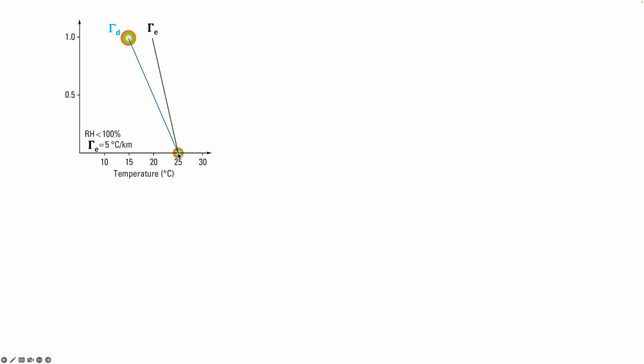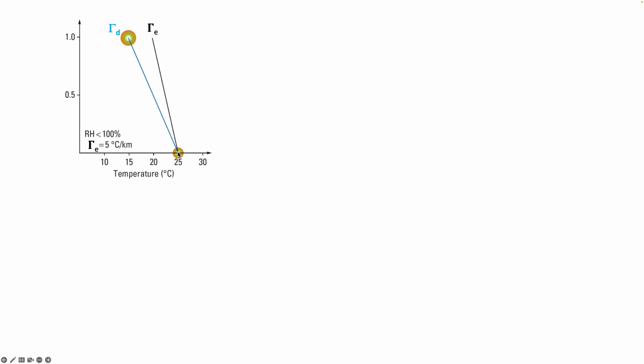So what we're going to do is just do what we did in our last example: we're going to first add a dry adiabat, and note that the dry adiabatic lapse rate doesn't change from example to example. The dry adiabatic lapse rate is always going to be 10 degrees Celsius per kilometer.